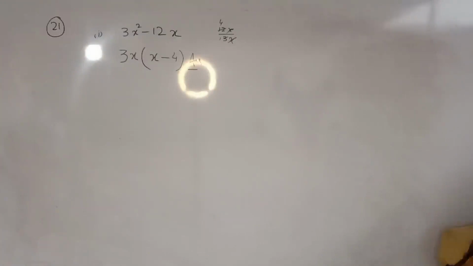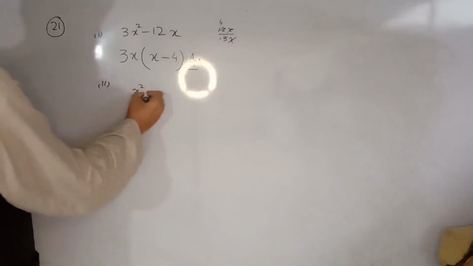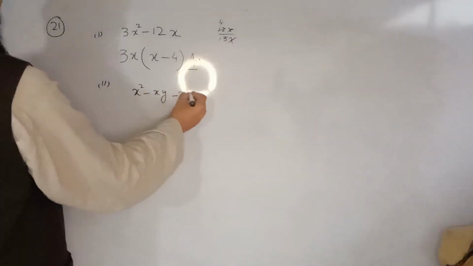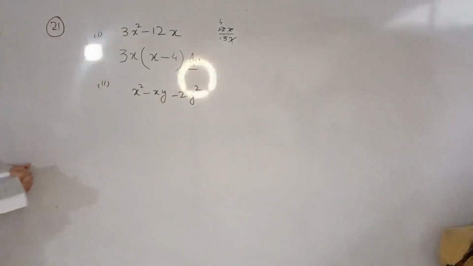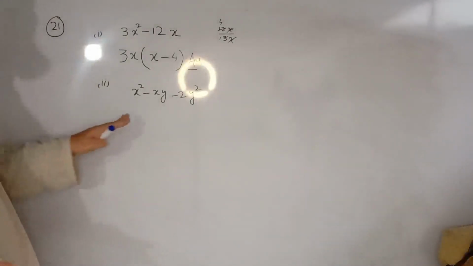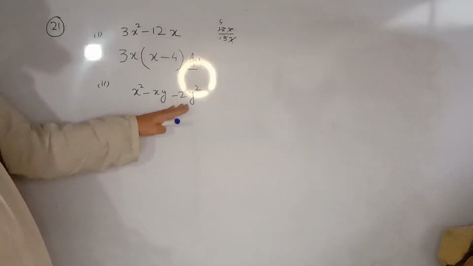Second, part 2 is x square minus xy minus 2y square. We have to factorize it completely. Mid-term breaking method. We have to think of two numbers which on addition give minus 1 and on multiplication give minus 2.